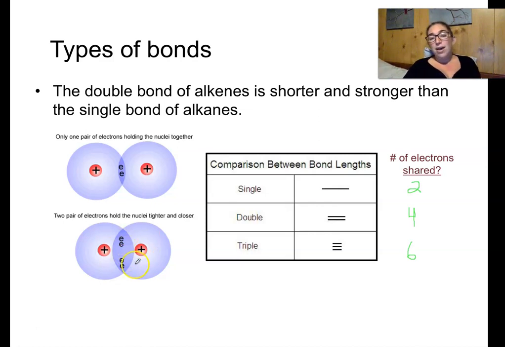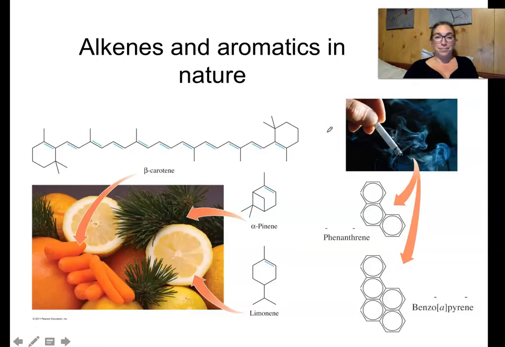And so as you have more bonds, the atoms are getting closer and closer together. The bond length is shorter and shorter. And the bond strength is going to increase. A triple bond is stronger than a single bond. And that's kind of, I think, common sense.